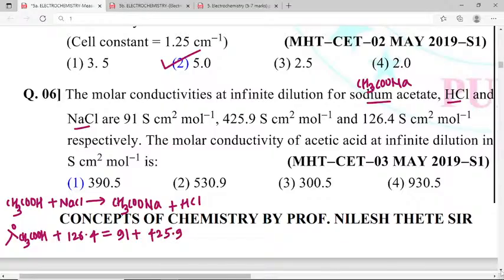So first addition, then subtraction, we will get the acetic acid value 390.